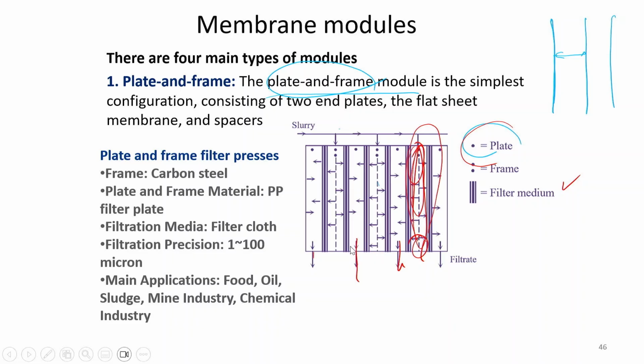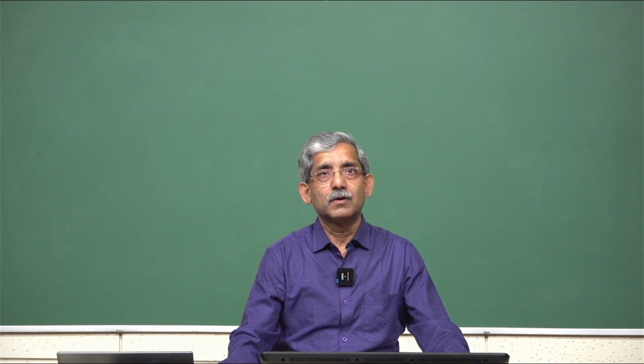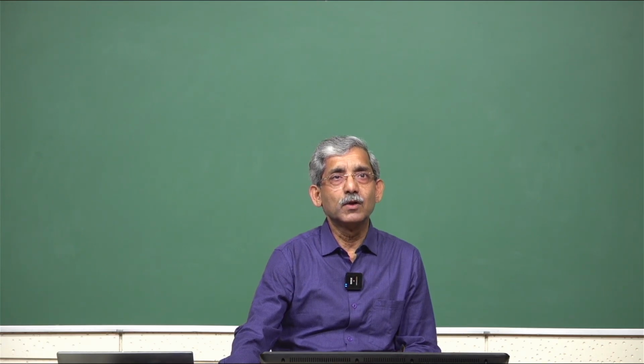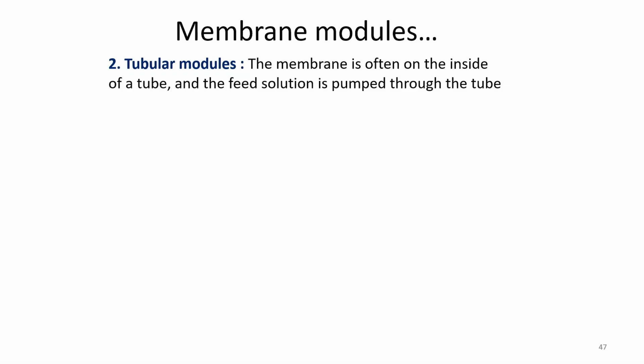So, we will continue with the molds for membranes. The other type of mold is the tubular mold. So, the membrane is often on the inside, which means we keep the membrane inside the tube.